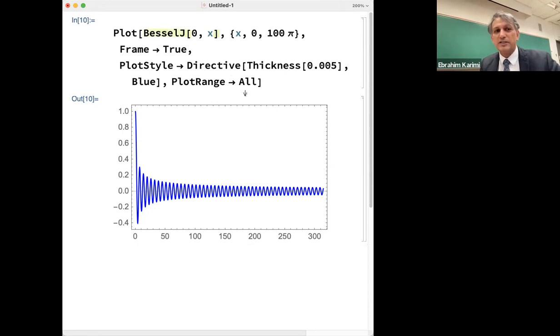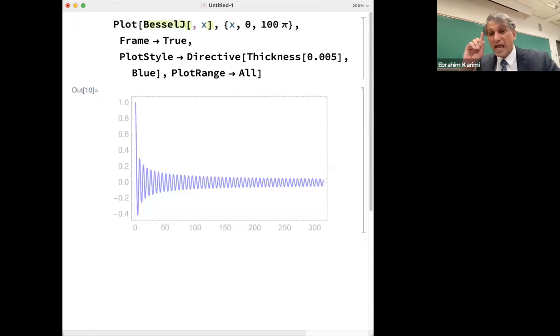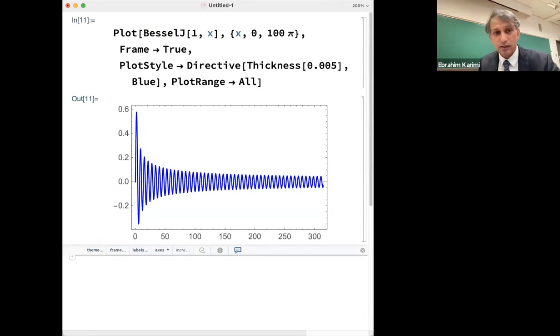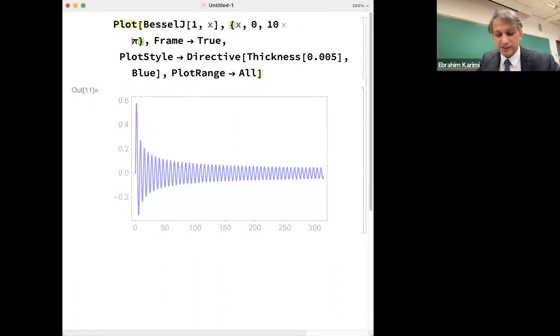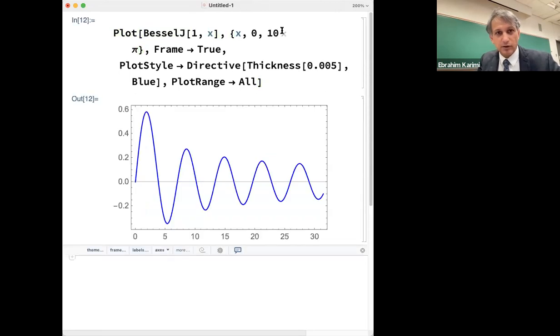What is happening with the Bessel function of n equal to 1? Let's look at it. It seems that something interesting happens. For the first one, this J1, it does not start from 1, it starts from 0, right? And then you will have the oscillation.